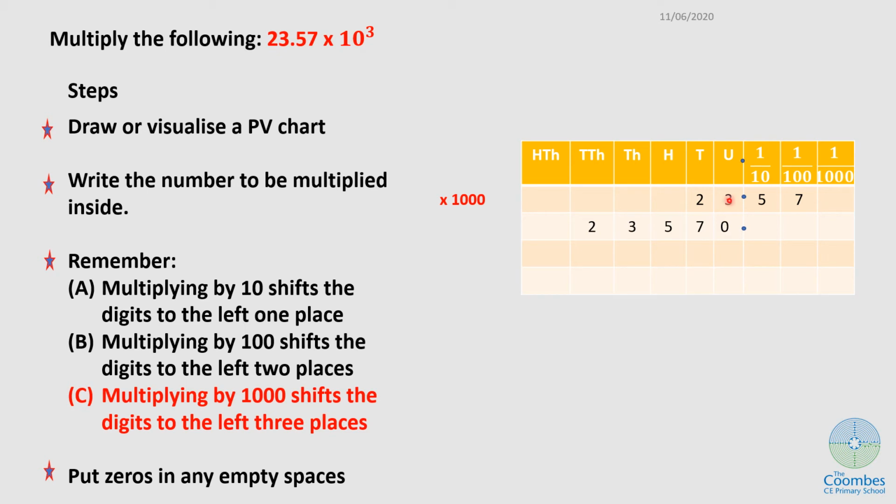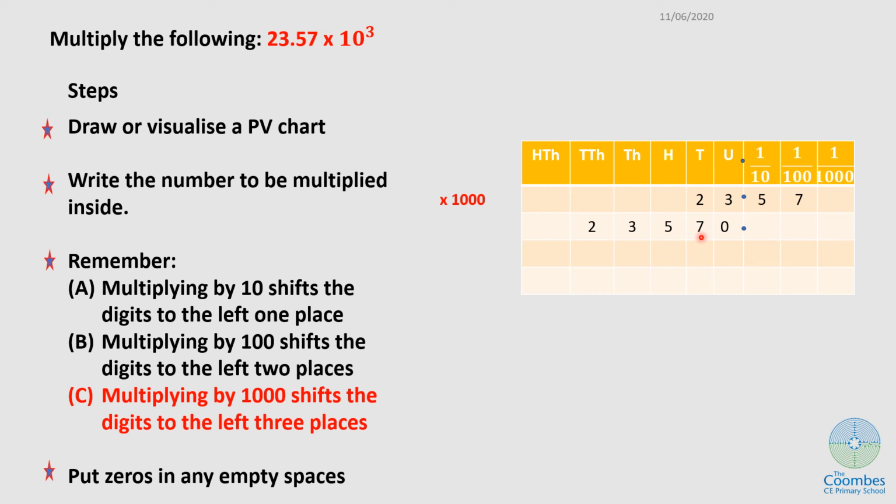Now this 3 shifts 1, 2, 3, so it's also going to be in this column. And the 5 will shift 1, 2, 3, so it's going to be in this column. And the 7 will shift 1, 2, 3, and is going to be in this column.